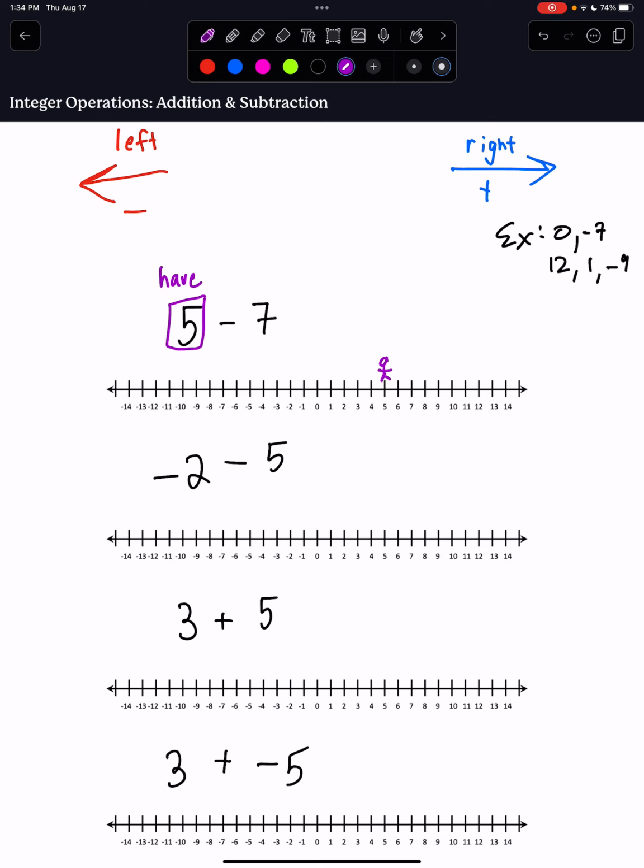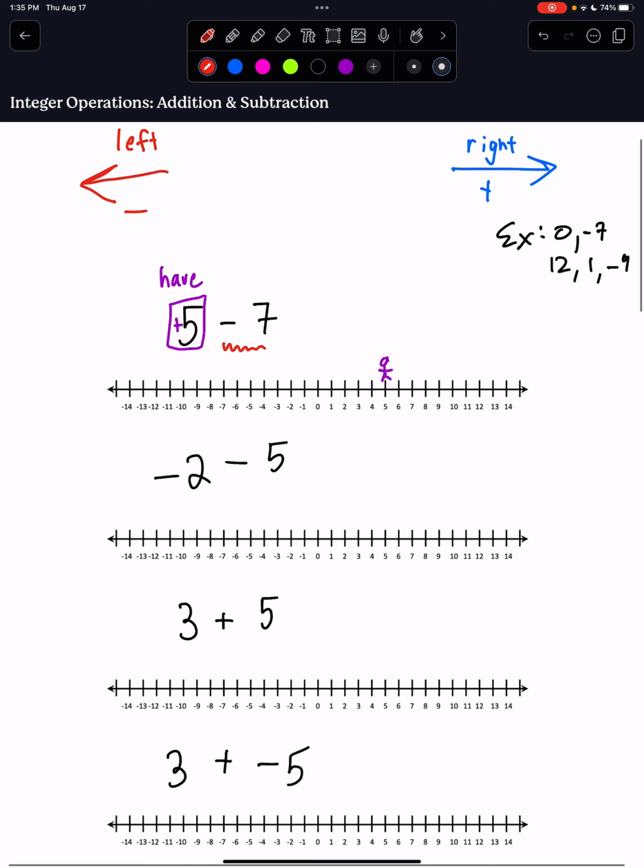So you can start with the left number. And keep in mind this was positive 5, so I'm really 5 to the right of 0. And now if I'm subtracting, I'm going to move left 7. Now one key concept is if you have $5 and you lose 5, if you're at 5 to the right of 0 and then you move back 5, you should be at 0. So that's moving back 5, and then we can move back one more and another.